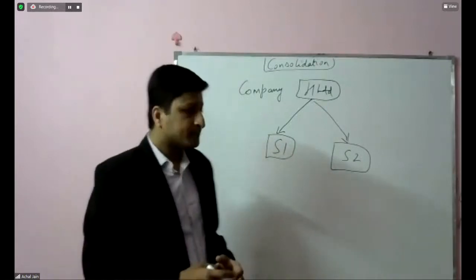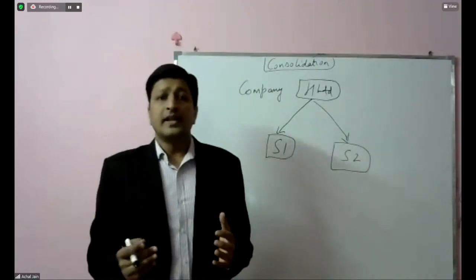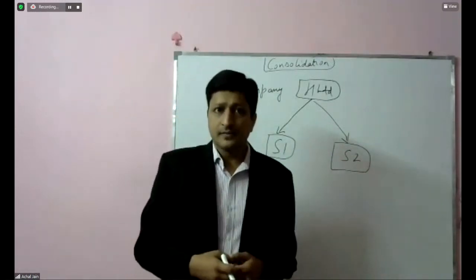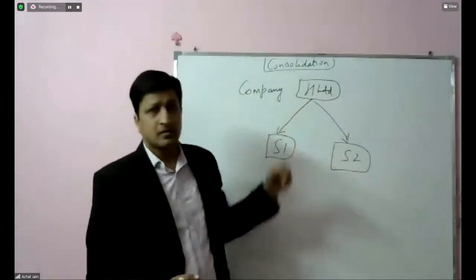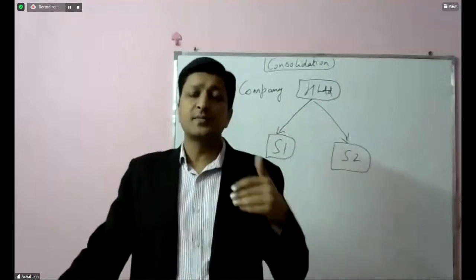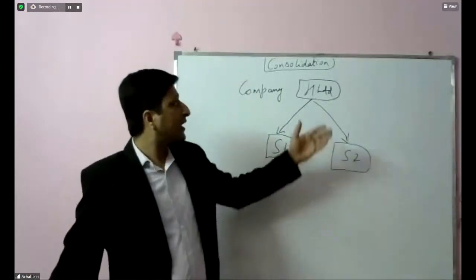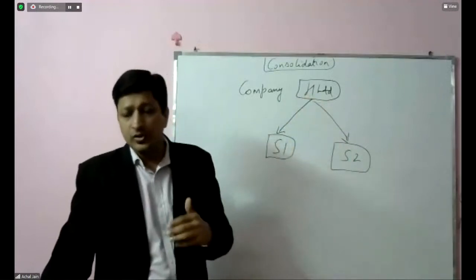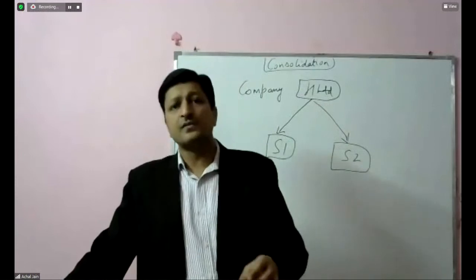Okay. Now, in such a scenario, there could be a lot of transactions which may take place between these companies. Say there could be transactions between H Limited and S1, and there could be transactions between H Limited and S2. Or there could also be a lot of transactions between S1 and S2.